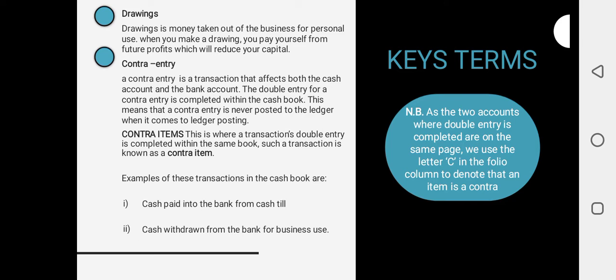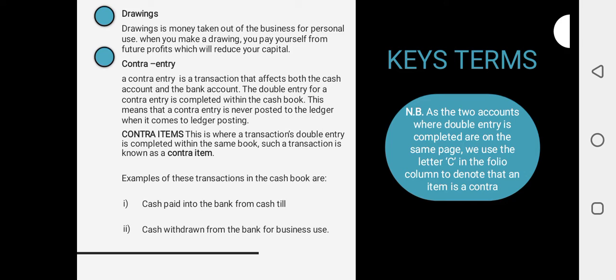This is where a transaction's double entry is completed within the same book. Such a transaction is known as a contra item. Examples of these transactions in the cash book are when cash is paid into the bank from the cash till. You get cash from your business and go and deposit it into your bank account.